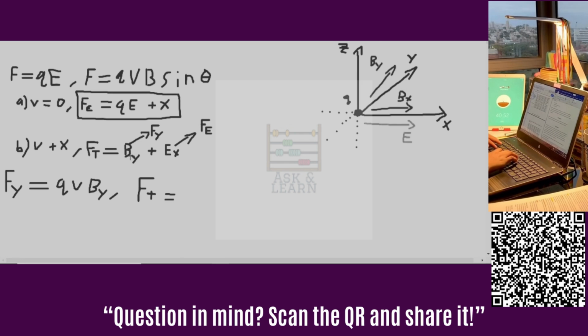We have that plus By, or Fy here, the one we just calculated. Force from the y magnetic field plus force from the electric field. So it's this number plus this number. And that's our solution for B.